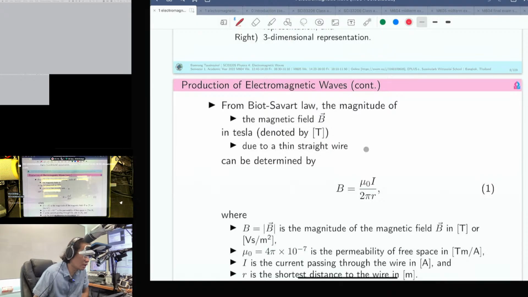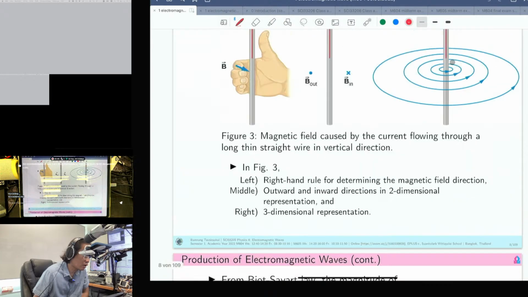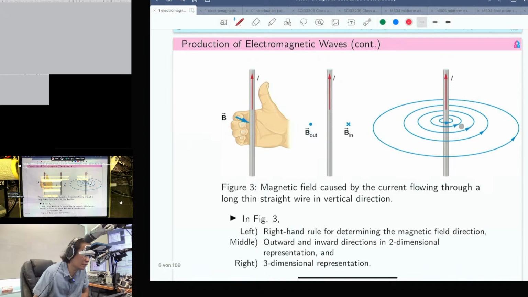The magnitude of the magnetic field caused by the long straight copper wire, of course, depends on the location where you are from the wire. If you are close to the long straight copper wire, you will get a high strength of the magnetic field.